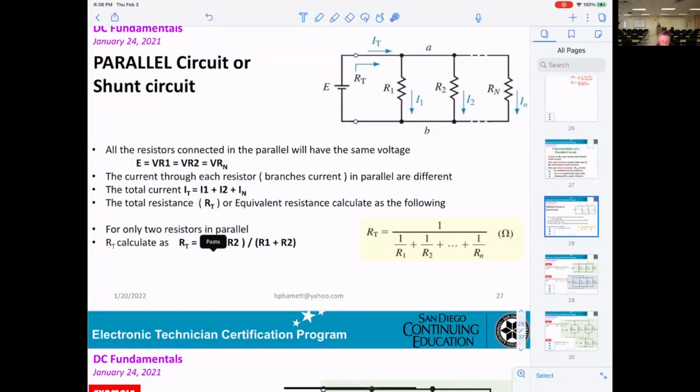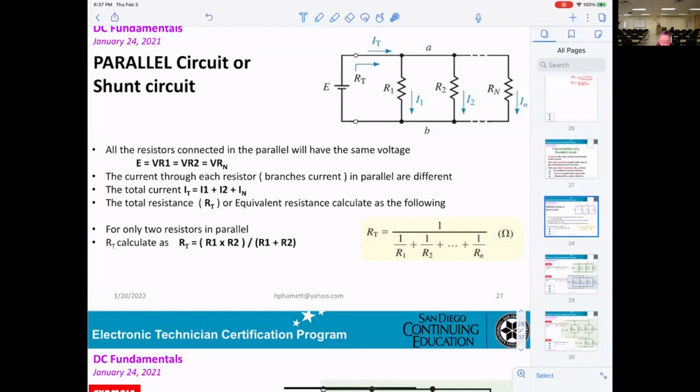How come? You can get the total current flowing from the power E, go to here. One goes to R1, one goes to R2, and one goes to Rn. They're not the same current. They get a different current.